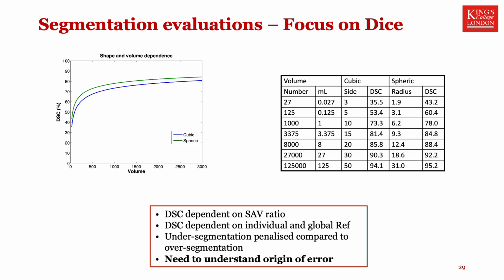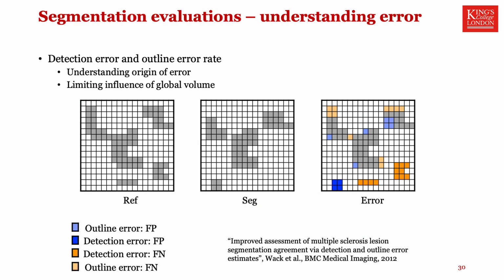And so what is really important when you're trying to evaluate things is to really understand where the errors come from. And so there are actually methods to do that, to try to dig a bit more into where the error is and what's happening, and that tend to limit a bit the influence of the global volume.